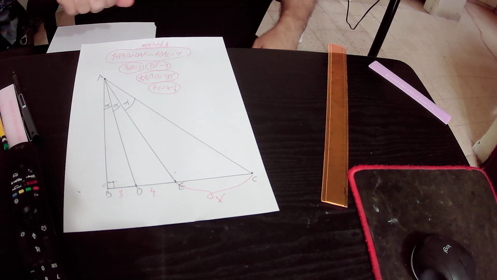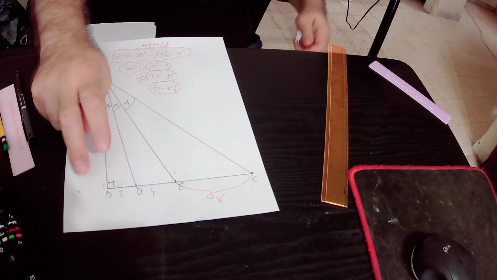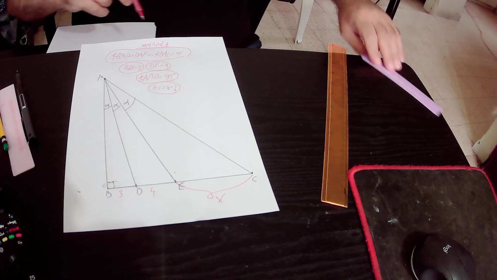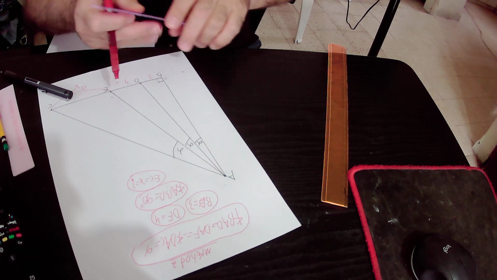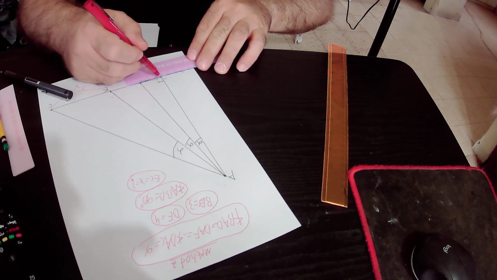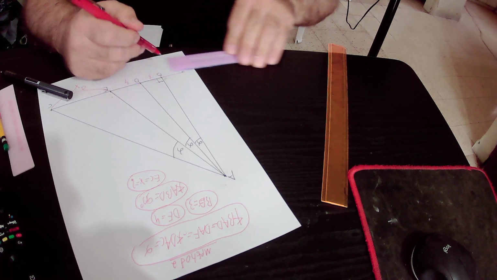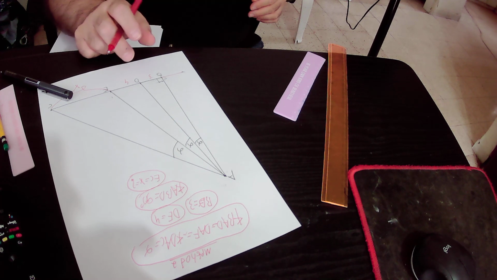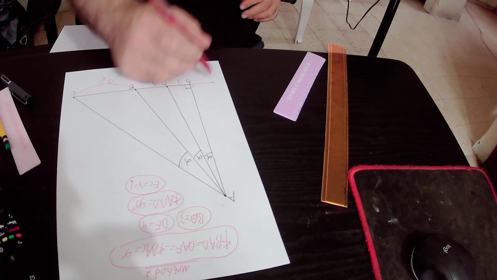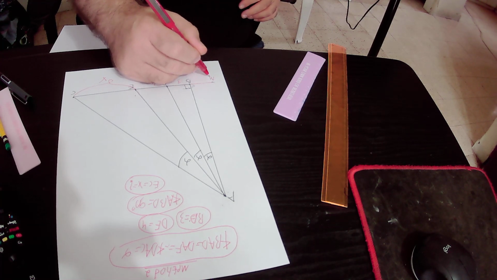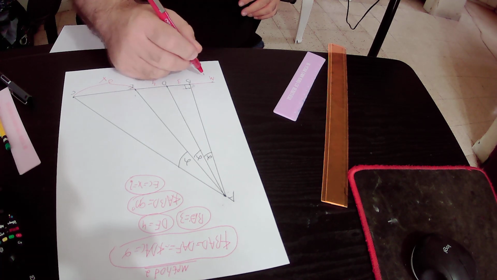We will extend side BD by 3 units. We will define this point as point M. We extended side BD by 3 units, therefore MB will be equal to 3 units.